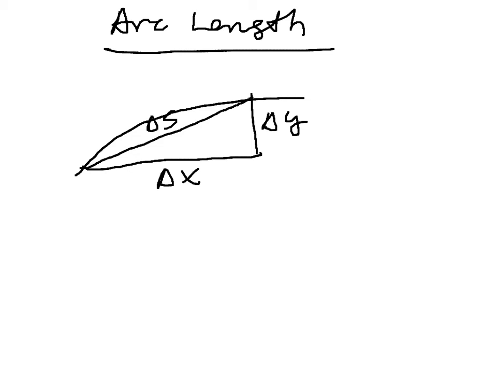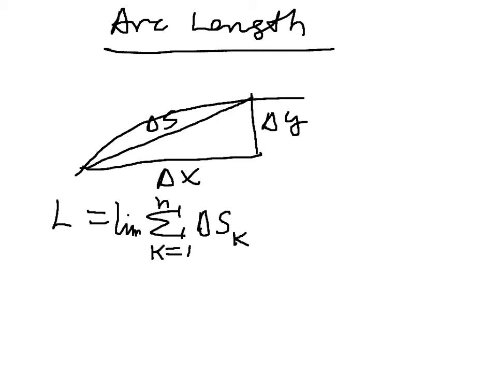So what we know is that the actual length is going to be the sum of all of these delta s's for each kth subinterval, and the exact length is what we get when we let n, the number of subintervals, go to infinity.